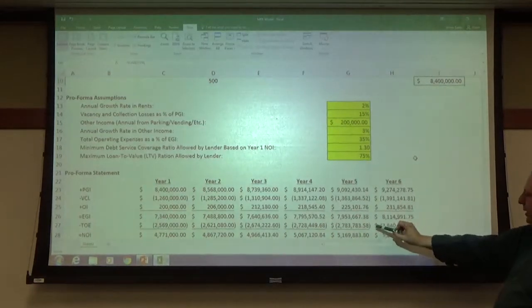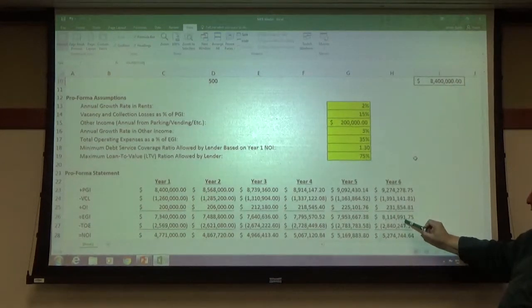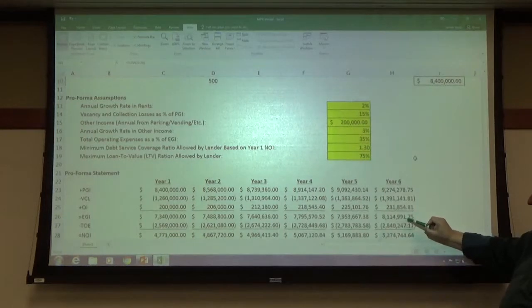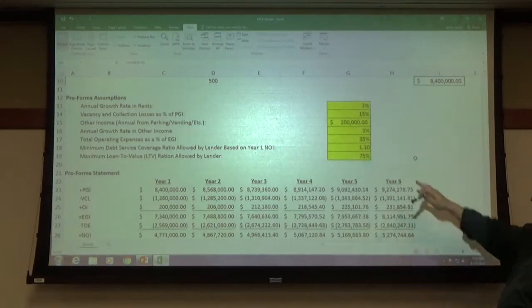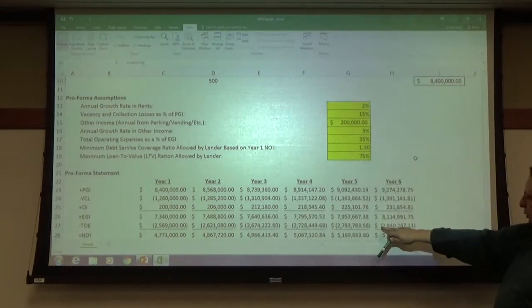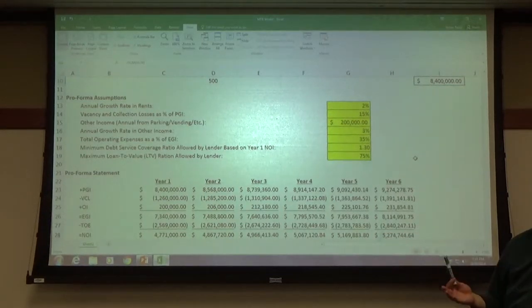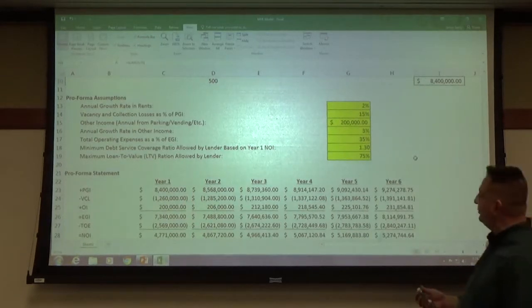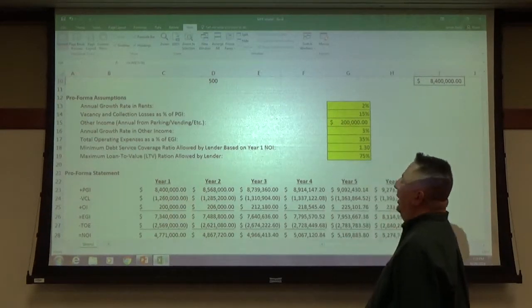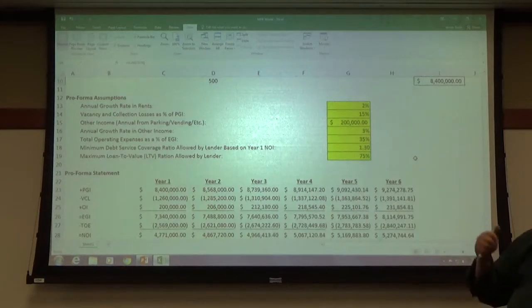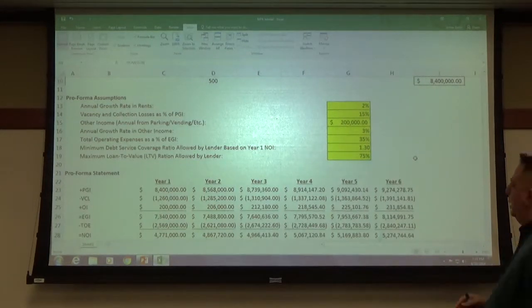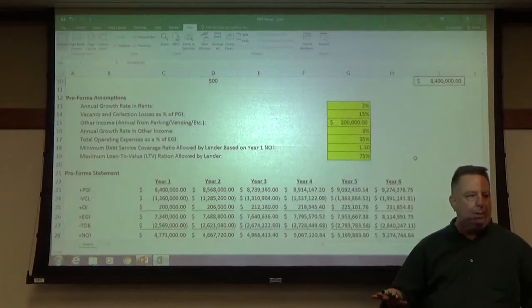If we go all the way over here to year 6, if you were to type in 8,114,991.75 times 0.35, you should get 2,840,247.11. Make sense? Okay, everybody good? All right. Now, for the new stuff, okay? Is everybody good up to this point?